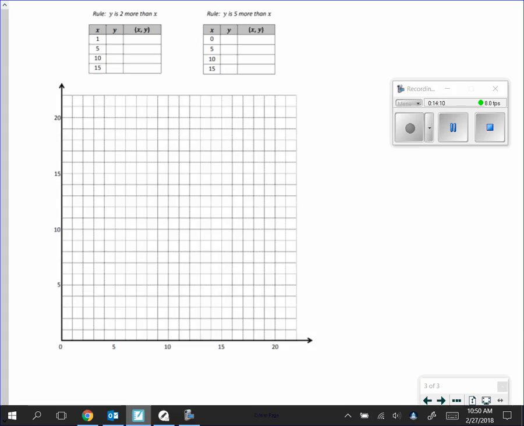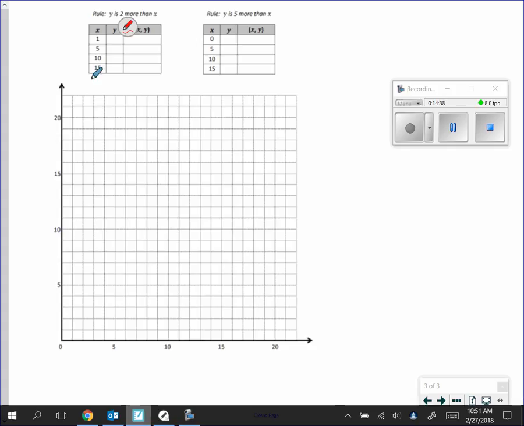So this was the template. Oh, you had both? I only did one. So this one was the one that had 1, 5, 10, 15, and 0, 5, 10, 15. I didn't realize I had both. Okay, so I only have time to do one.